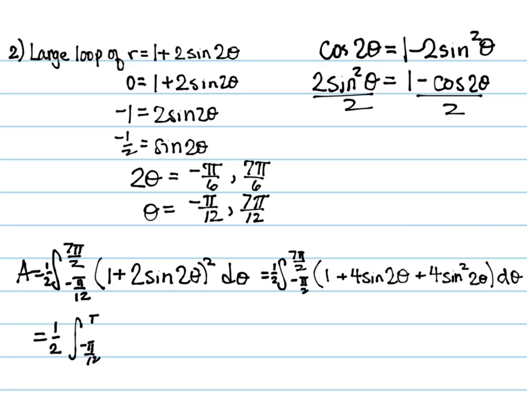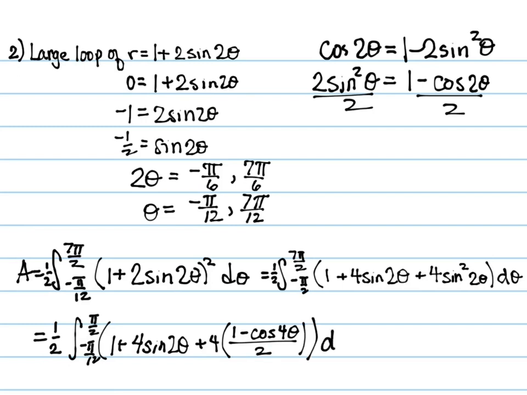The integral from negative pi over 12 to pi over 12 of 1 plus 4 sine of 2 theta, and then I have plus 4 times 1 minus cosine of what angle? Of 4 theta, because I have to double the angle I already have, which happens to be 2 theta. So 4 theta over 2, and then d theta.